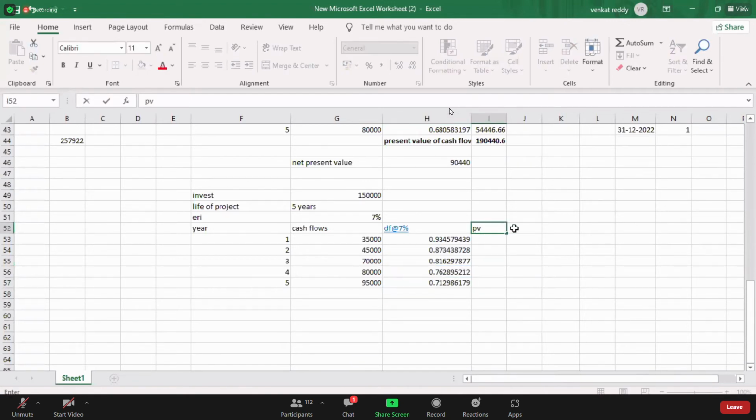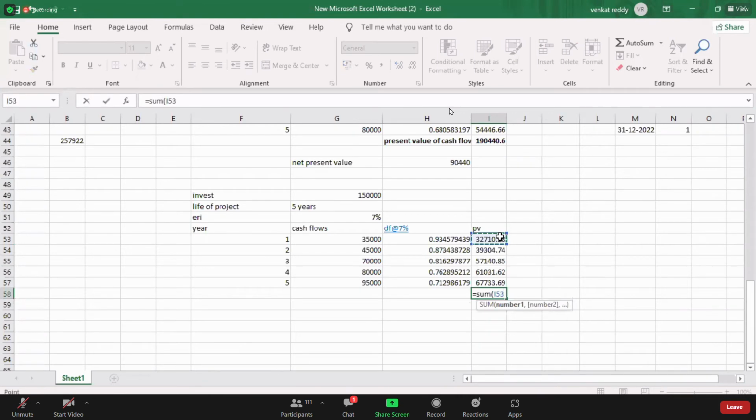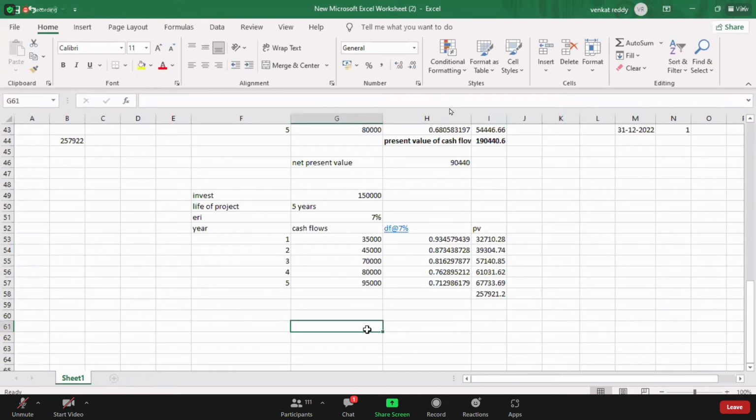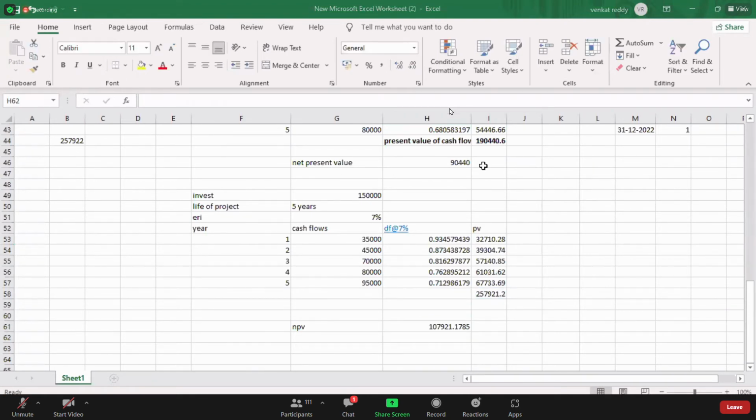Now present values will be 2,57,921. And our NPV is 1,07,921. Very good. So I hope the concept is clear.